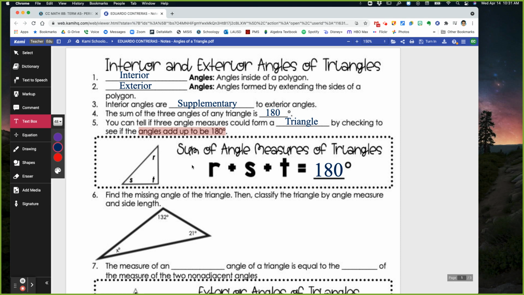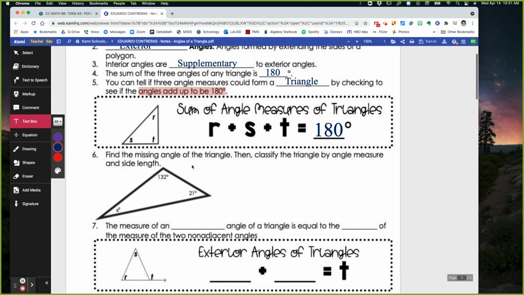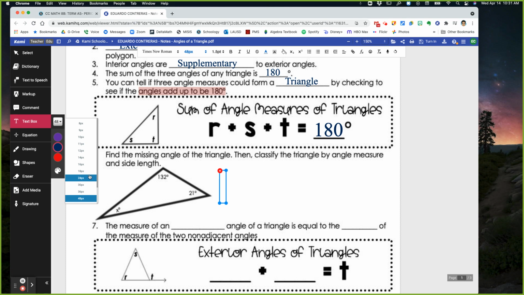So let's do this problem here real quick. It says find the missing angle of the triangle. Then classify the triangle by the angle measure and the side length. Okay. So I'm going to go over here. That's way too big. Let me go with 24 probably. That's good.